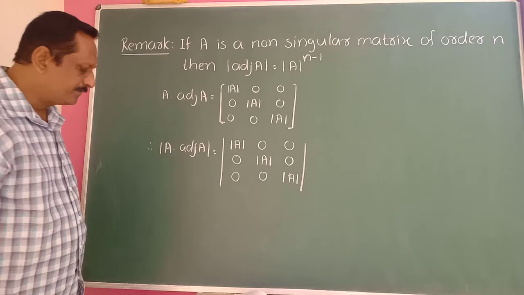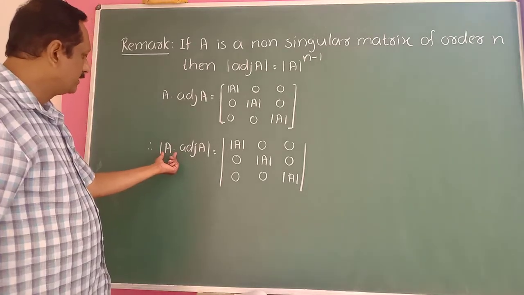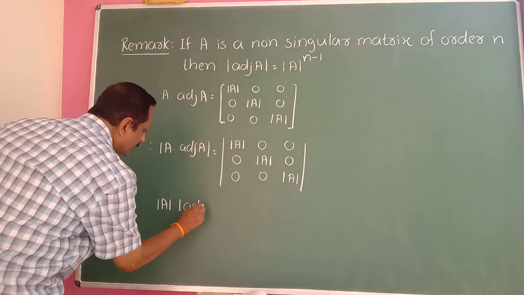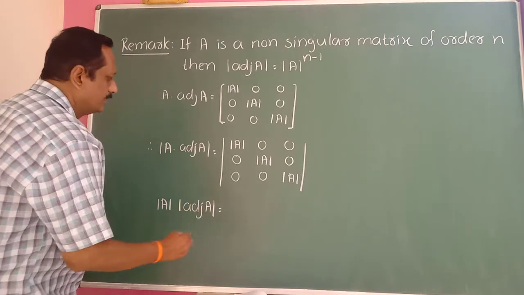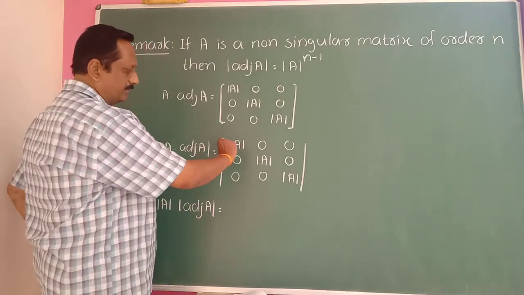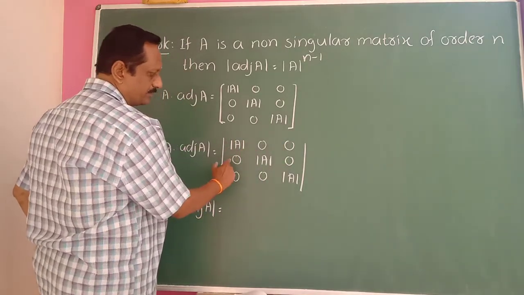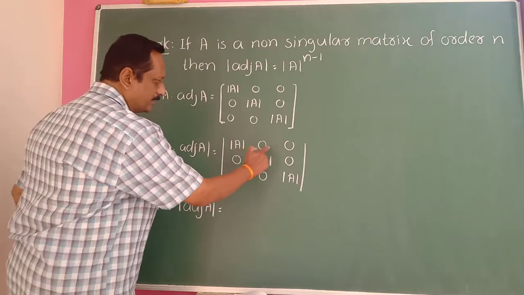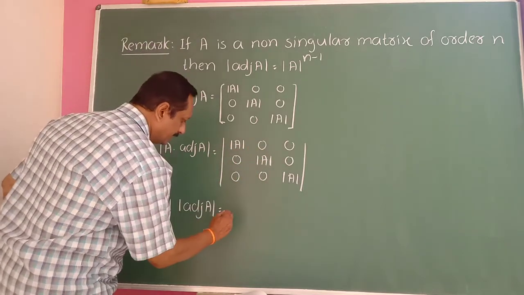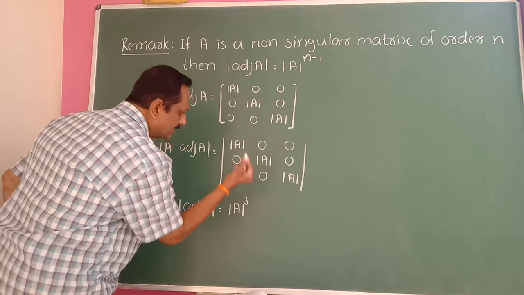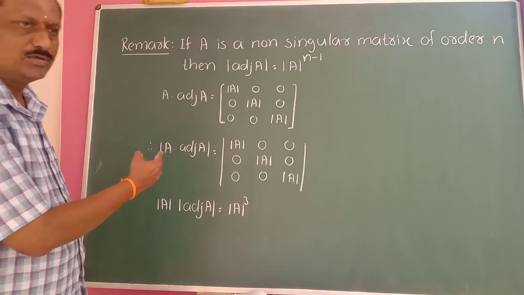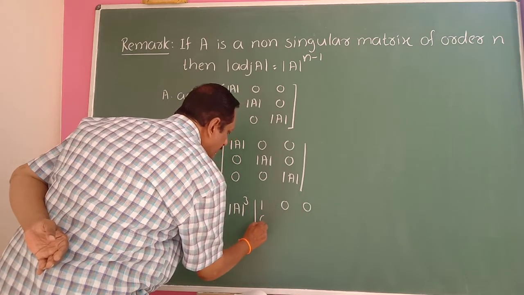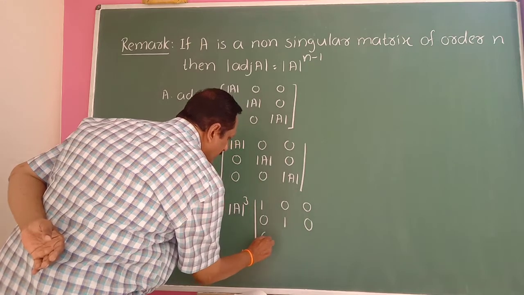Then from the third theorem, determinant of A into adjoint of A can be written as determinant of A into determinant of adjoint of A. This is equal to, taking determinant of A common from the first row, second row and third row, determinant of A whole cube into the determinant of the identity matrix with rows 1 0 0, 0 1 0, 0 0 1.